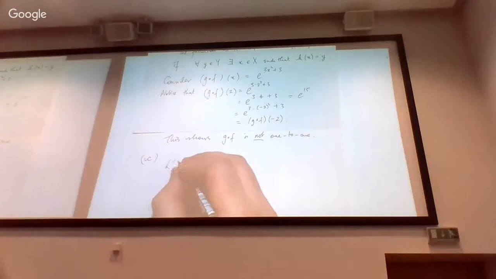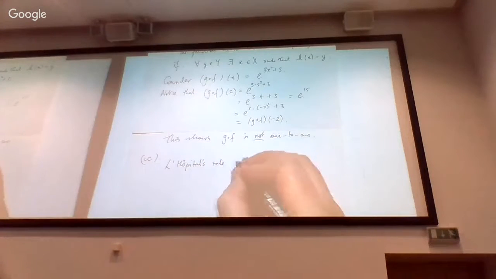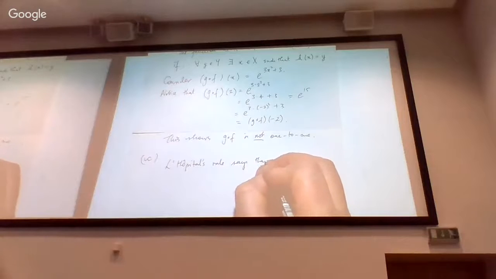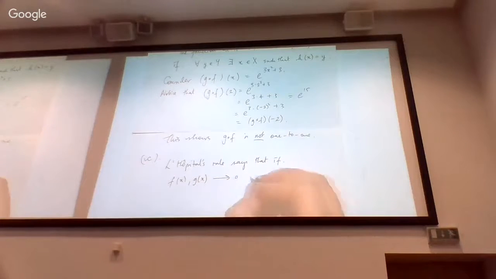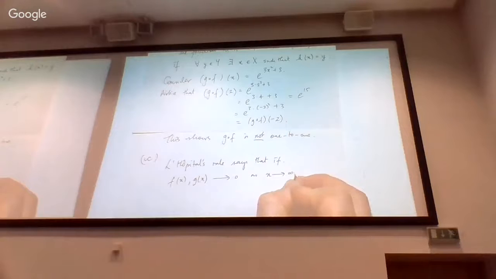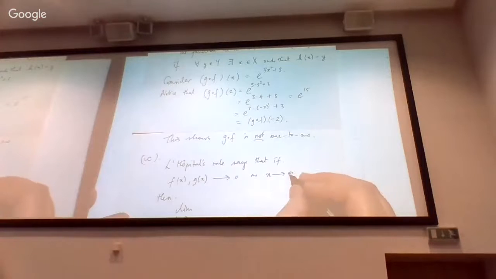So we can say, L'Hopital's rule says that if you've got two functions f of x and g of x, and both of them tend to 0 as x tends to infinity, so this is one of the things that L'Hopital's rule says, then the limit as x goes to... well, actually, it isn't necessarily infinity.